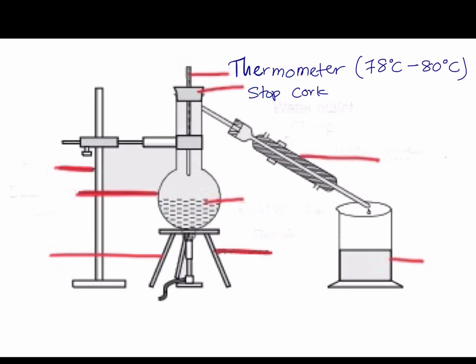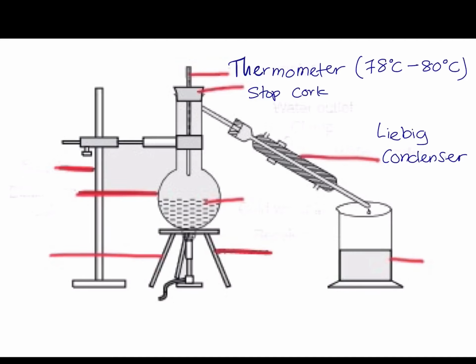Okay, next to the right we have the Liebig condenser. This Liebig condenser's function is to change the vapor or the gas into the liquid form or the liquid droplet.